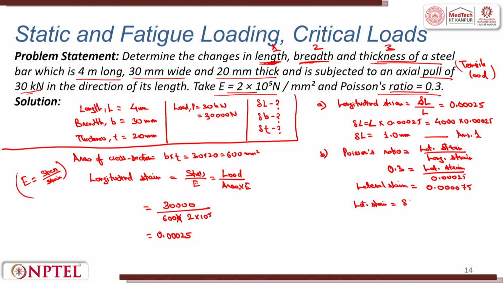Now, this lateral strain is also equal to change in breadth per unit breadth. Breadth we know now. This is equal to change in breadth by the value of breadth, which is 30 millimeters, which gives me the change in breadth value as 30 into 0.00075.